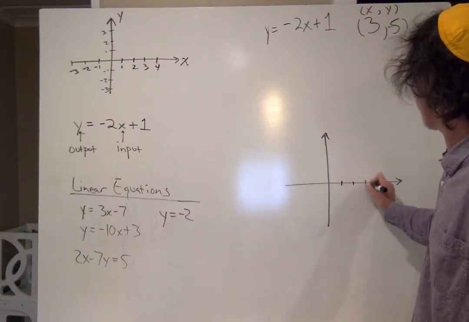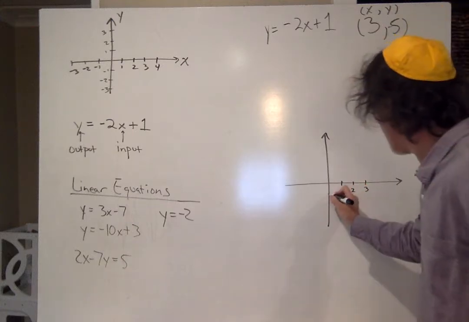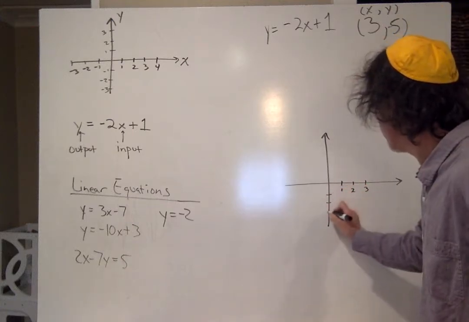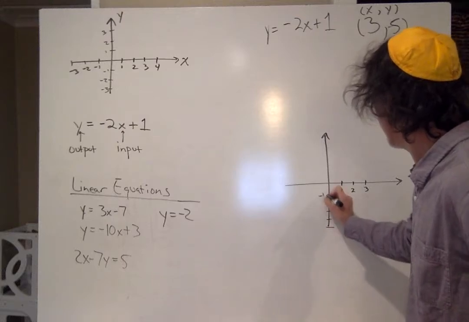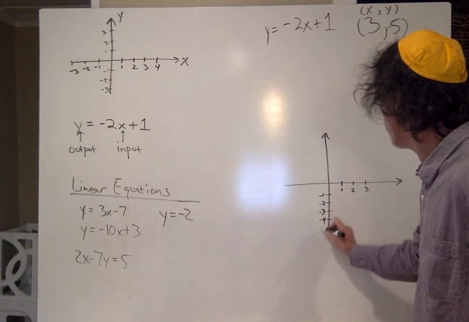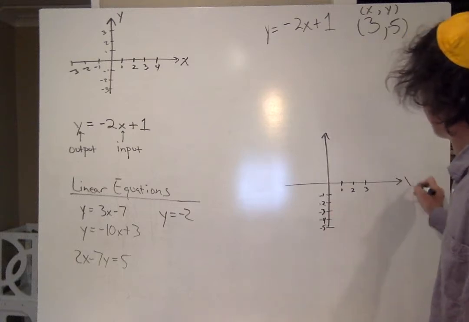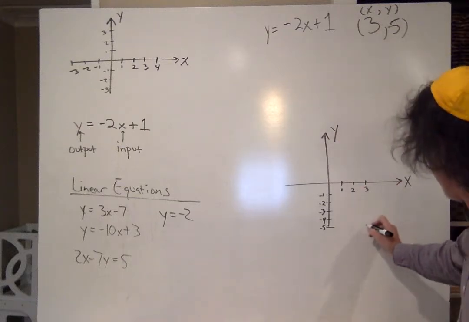One, two, 3 on the x, and -5 on the y means down. 1, 2, 3, 4, 5. So -1, -2, -3, -4, -5. This is x, this is the y, and it's 3 on the x, -5 on the y.